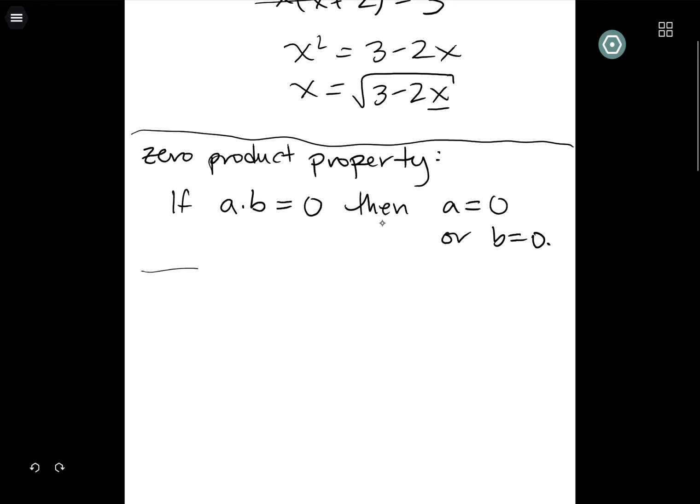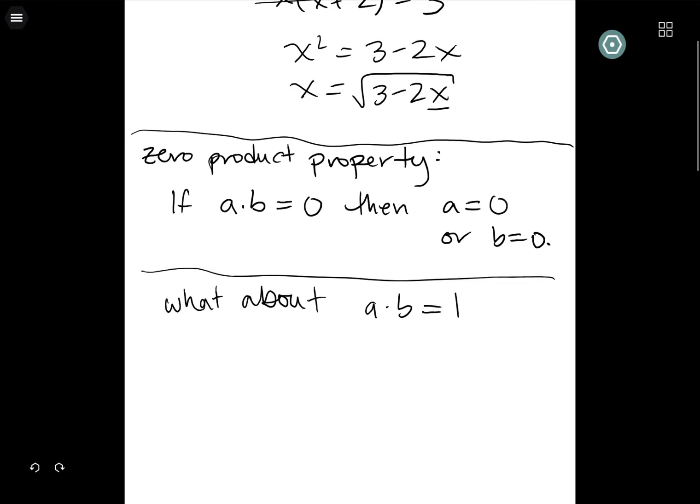What I want to be really clear about is this doesn't hold if, let's say, A times B equals 1, or it could be 5 or 7 or whatever. We don't know anything. So just for example, we could have 1/4 times 4.